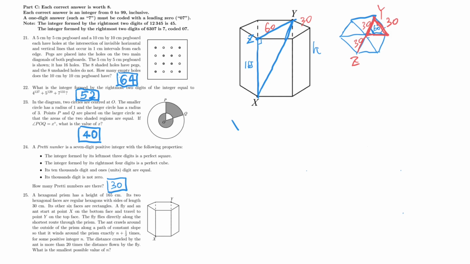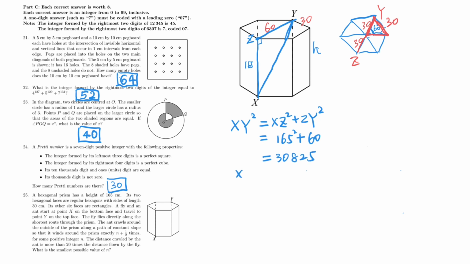So by the Pythagorean theorem, xy squared equals xz squared plus zy squared, that's 165 squared plus 60 squared, which is 30,825.